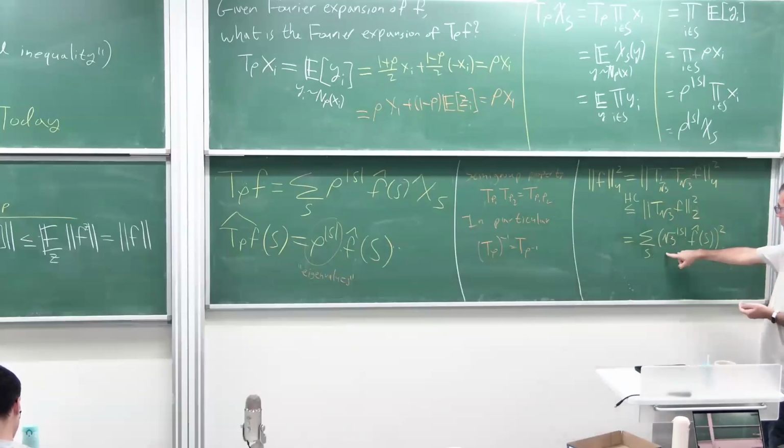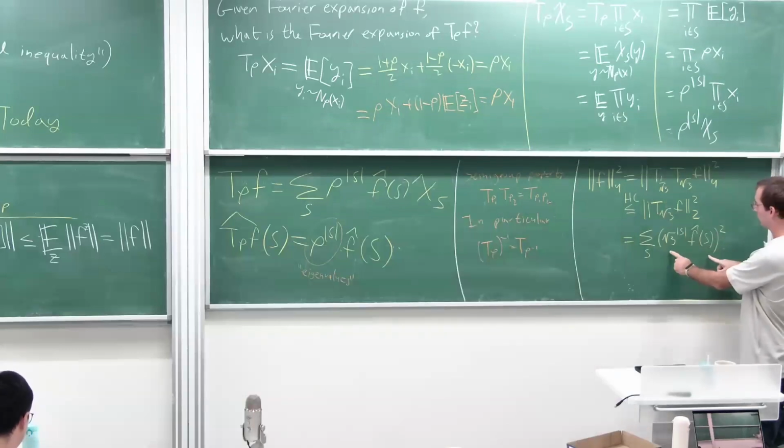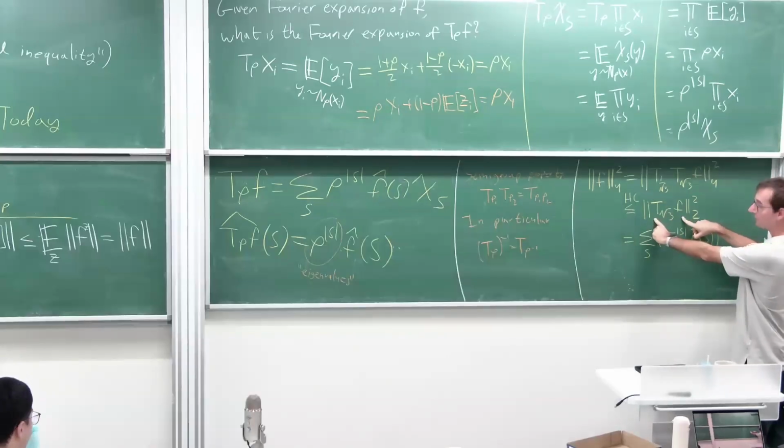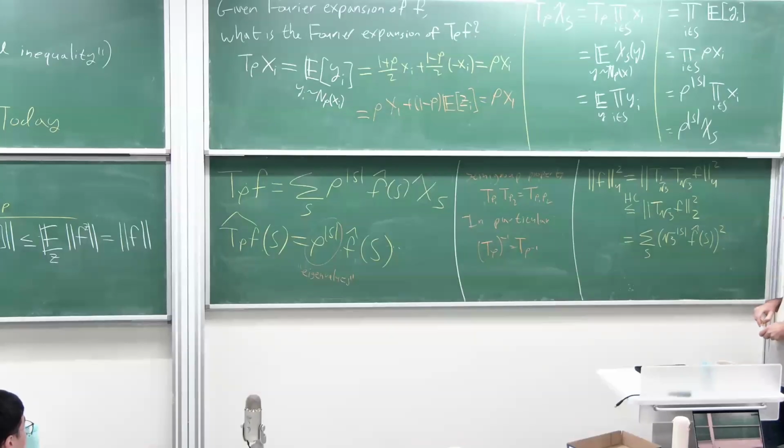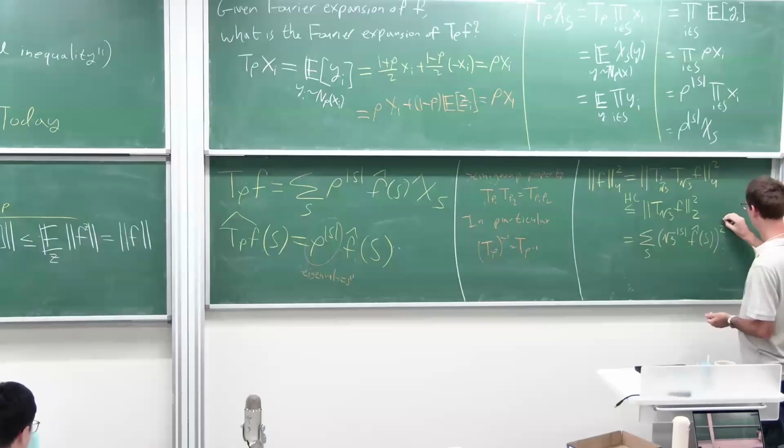So we multiply the S's Fourier coefficient by square root 3 to the size of S. This gives us the Fourier coefficients of T square root 3 f. Then we square them and sum over everything. And this is the sum of 3 to the S times f hat of S squared.